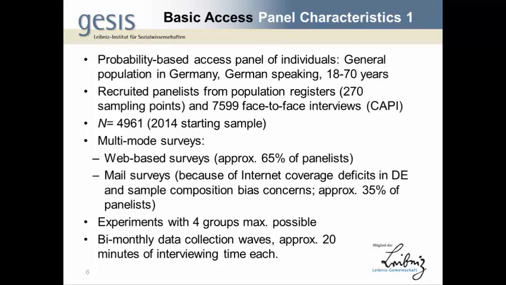The GESIS panel is a mixed mode panel. About 65% of our panelists are participating via a web-based interface, via the internet, and about 35% of our panelists participate in the GESIS panel by sending back mail surveys.